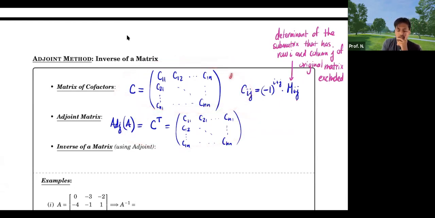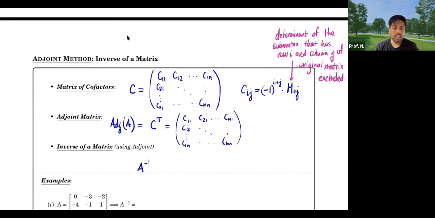So you should understand this first, and literally just take the transpose of that. The matrix of cofactors is the real thing. I don't know why they use the word adjoint and why it makes it seem like so much. They could just use the transpose of cofactors. That's it.